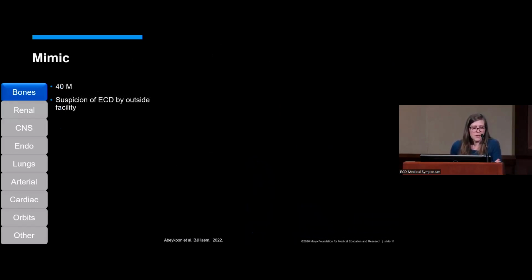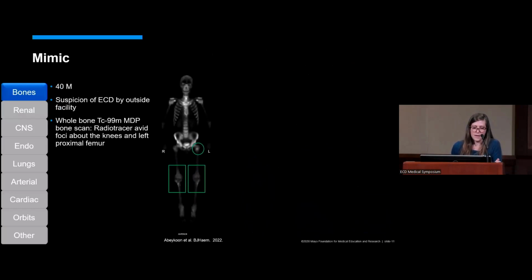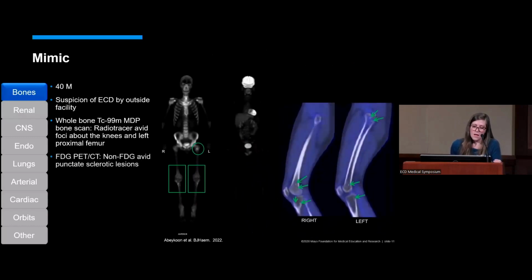This patient is a 40-year-old male. They had suspicion for ECD by the outside facility, and he underwent a whole body bone scan, which demonstrated radiotracer uptake about the knees and also the proximal left femur that's outlined in the green boxes. Next, he underwent a whole body FDG PET CT, and those areas demonstrated non-FDG avid, tiny punctate sclerotic foci.